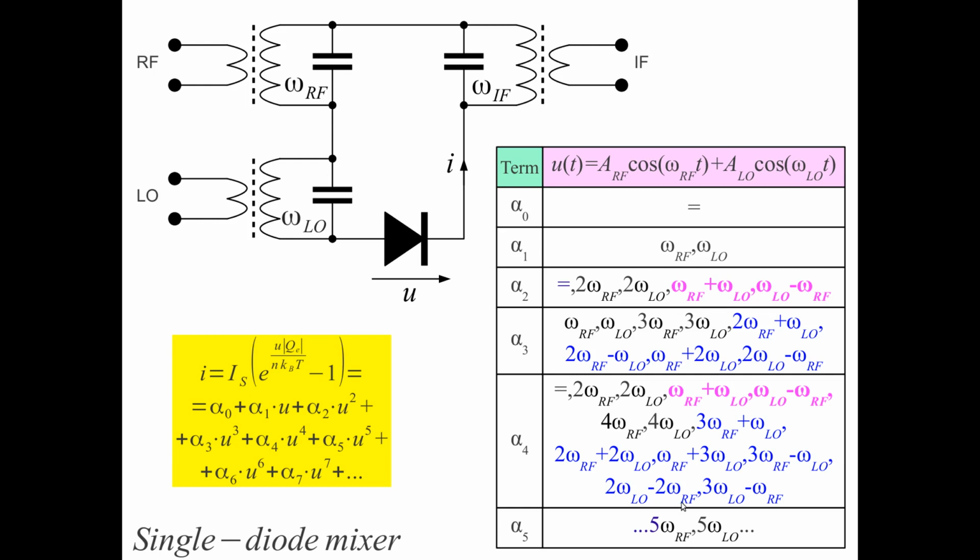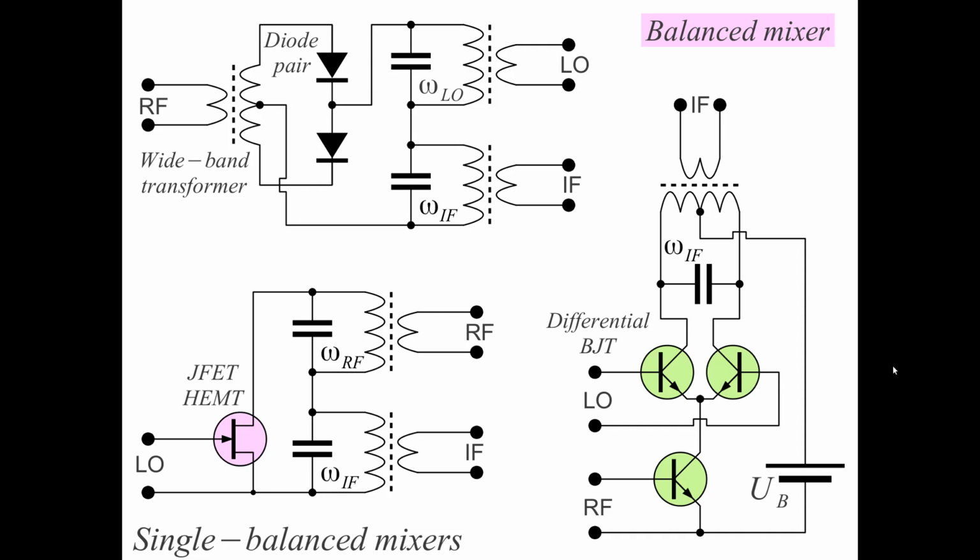We can do things better if we use single balanced mixers. So we use a diode pair to provide mixing, and this diode pair is fed in opposite phase with the radio frequency signal, but is fed in phase with the local oscillator. So here we are considering the sense of these diodes.